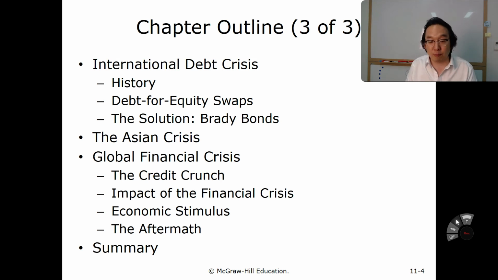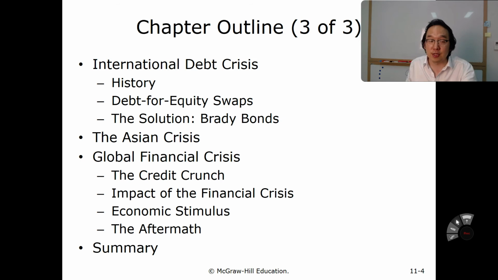We're going to talk briefly about it, but essentially Brady bonds is about the U.S. Treasury, the AAA entity, guaranteeing partially the debt of distressed countries who are suffering financial crisis.